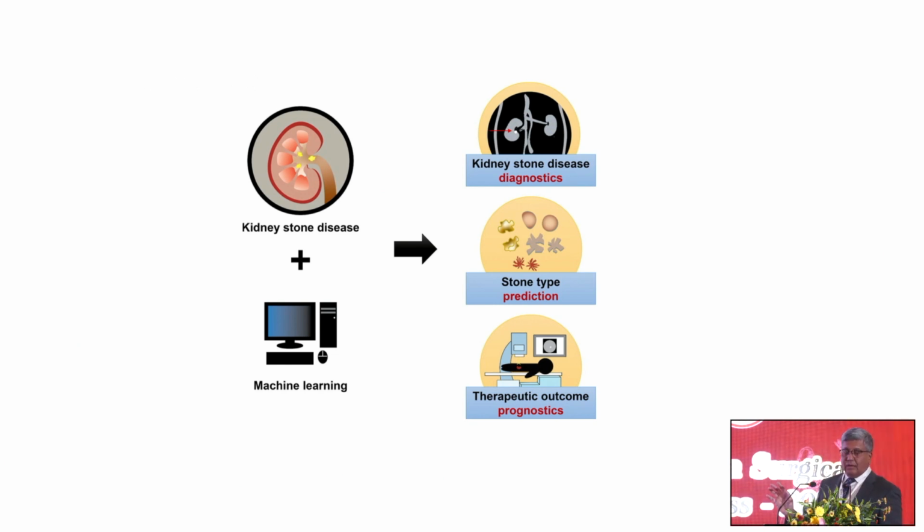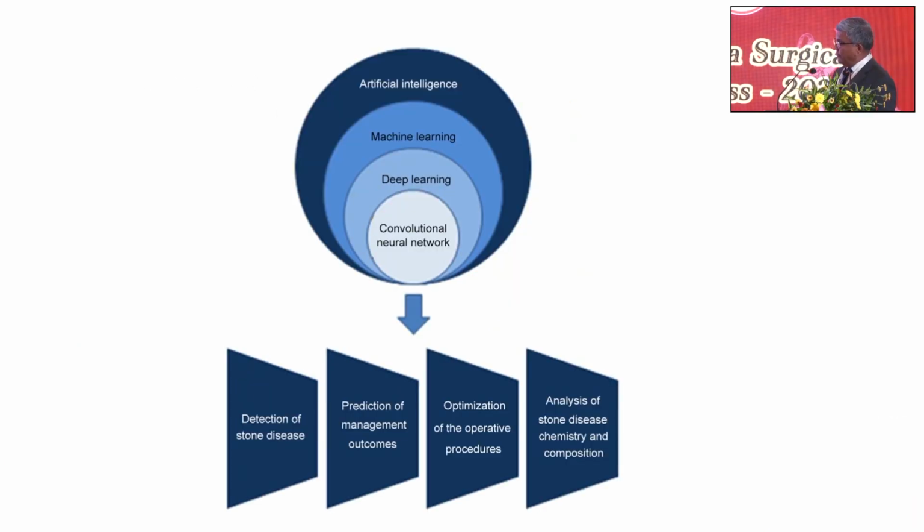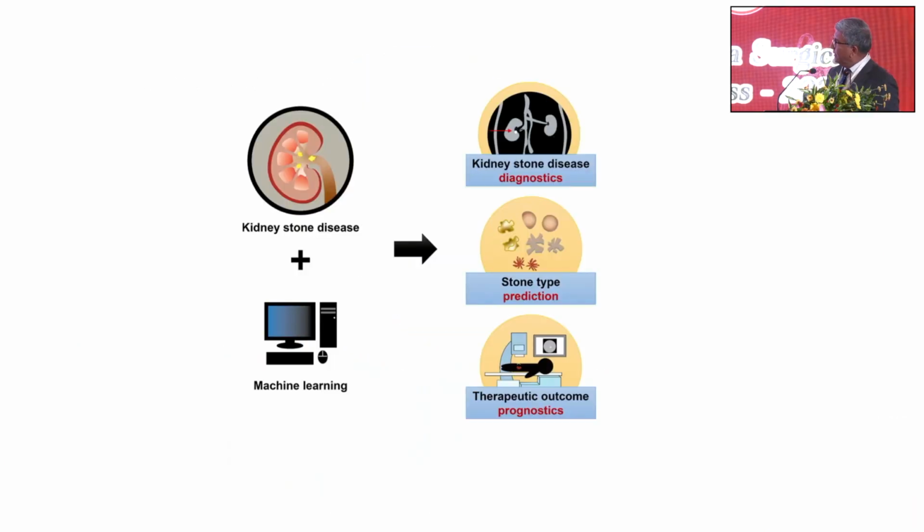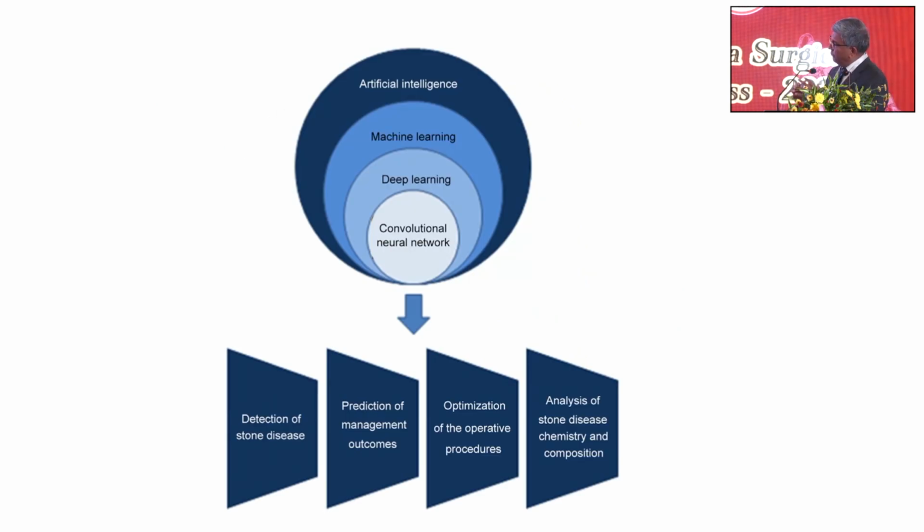So this is the long and short of the talk. Kidney stone disease, how do we diagnose it? How do we predict what type of stones there are? And then look at ways in which we can treat them, look at the outcomes, what's used to get those outcomes. So if we boil that down to the nitty-gritty, there are some circles there, and those circles will determine the pace of the talk.